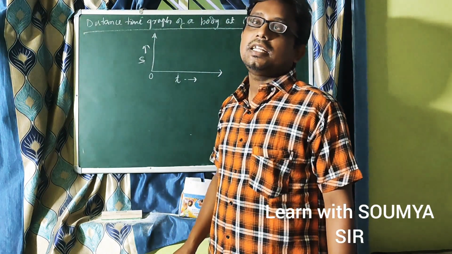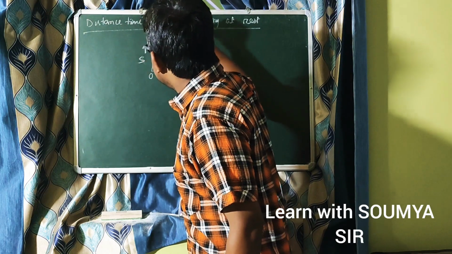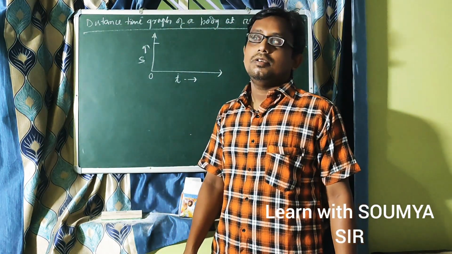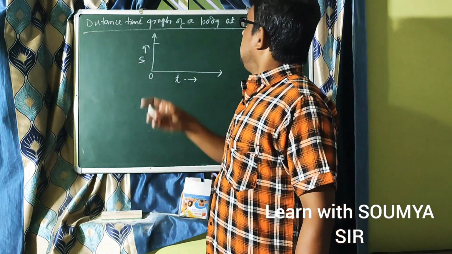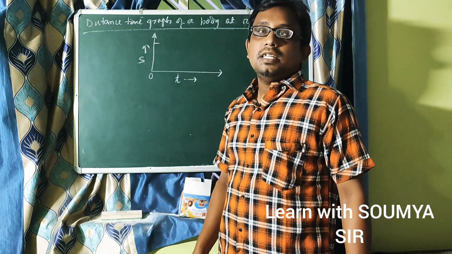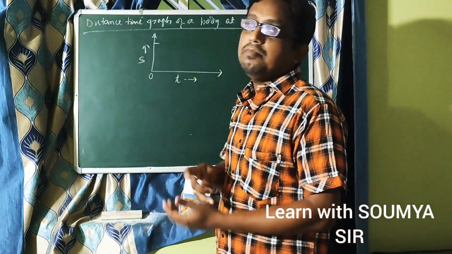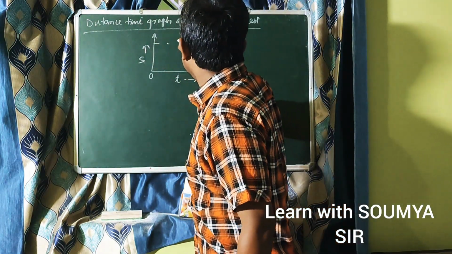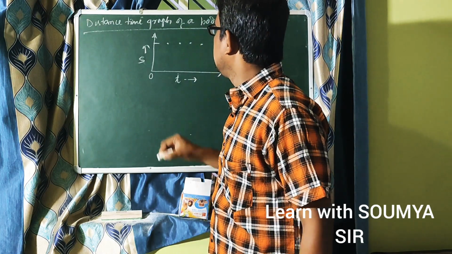Suppose initially at time t, the body is at s distance from the point of observation. As the body is at rest, the body will not change its position. That means as the time goes on, after 1 second the body will be here, after 2 seconds the body will be here, after 3 seconds here, after 4 seconds here.